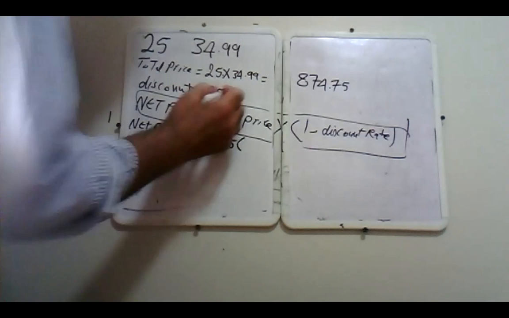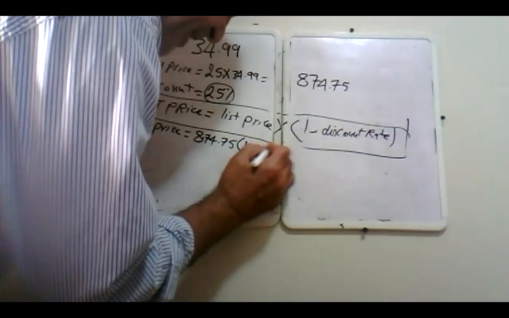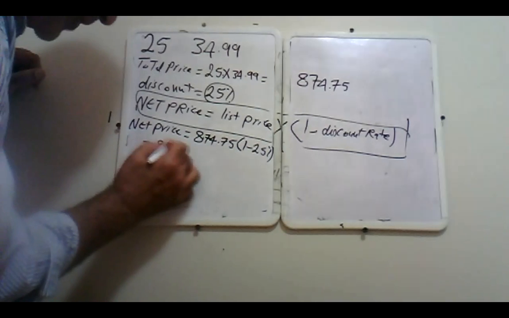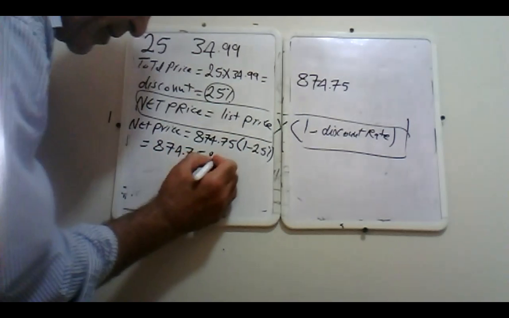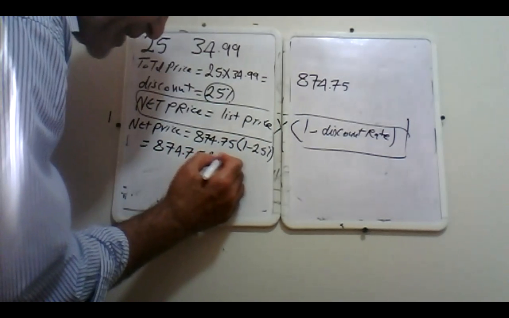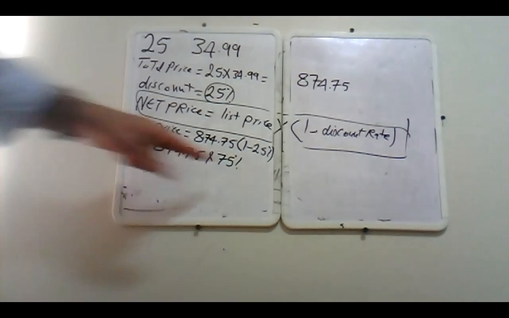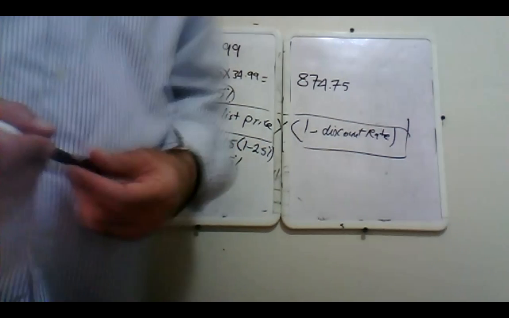The discount rate is 25%. 1 minus 25% equals 75%. So 874.75 by 75%, and that will give you the amount which is here.